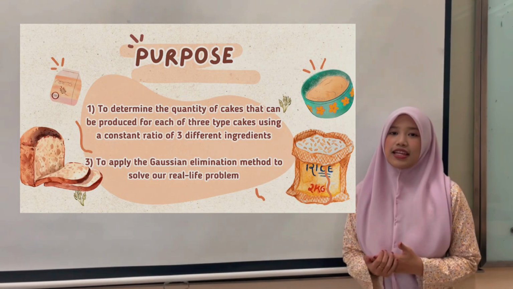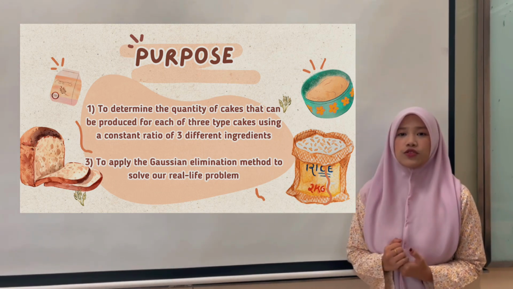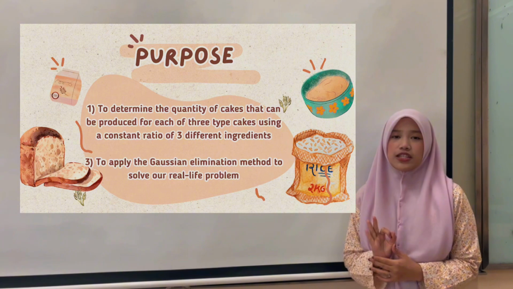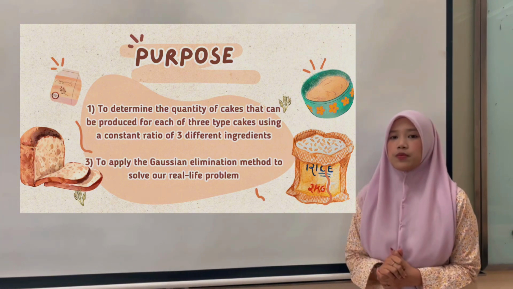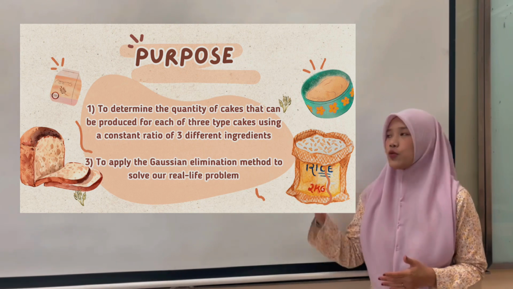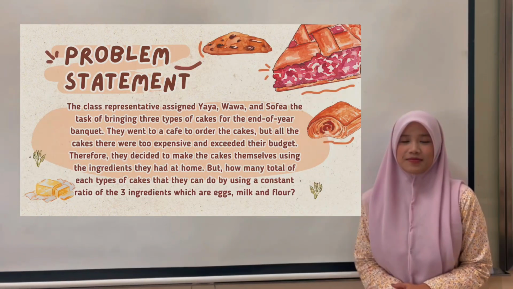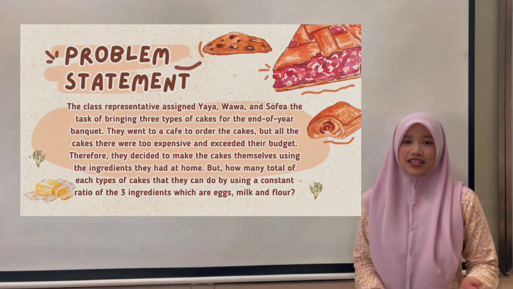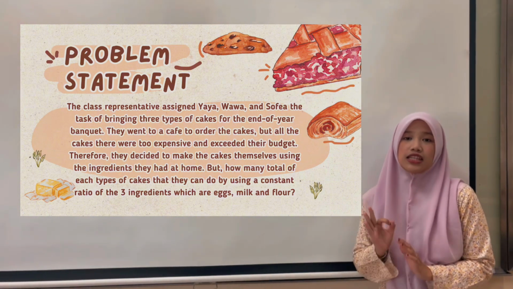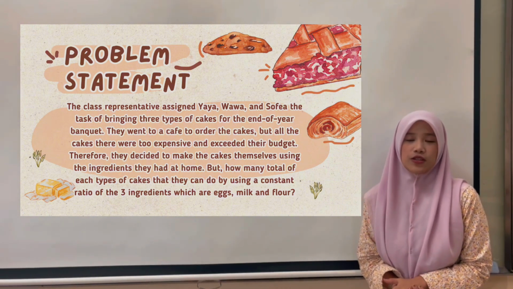The first purpose is to determine the quantity of cakes that can be produced for each of three types of cake using a constant ratio of three different ingredients. The second purpose is to apply the Gaussian elimination method to solve our real-life problem. Our problem statement is that the class representative assigned us the task of bringing three types of cake for the end of year banquet.